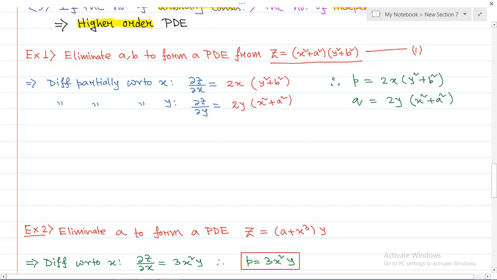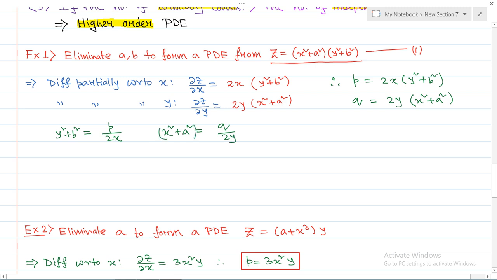Now how to eliminate this a and b? From these two, y square plus b square I can write as p upon 2x. Similarly, from the second expression, x square plus a square can be written as q upon 2y.